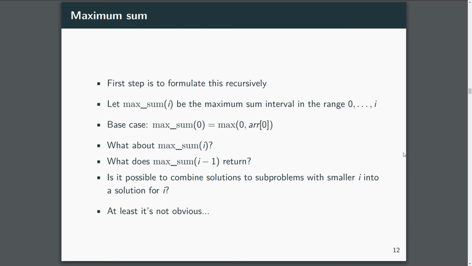Okay, so our base case is the max sum of index 0, and either we're gonna take the element there or not. So either our sum starts at 0, or it's the element at index 0.